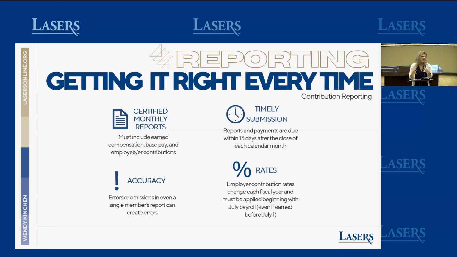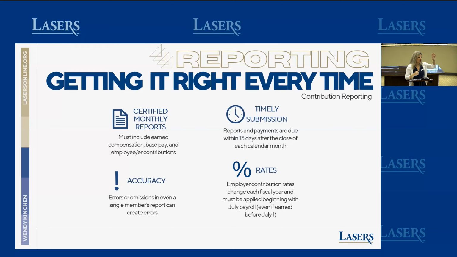The other is the contribution rate. Contribution rates change every July 1. We will send out a liaison memo letting you know before the July 1 date that the contribution rates have changed. It will give you those contribution rates. Those contribution rates must be used with the first July payroll.